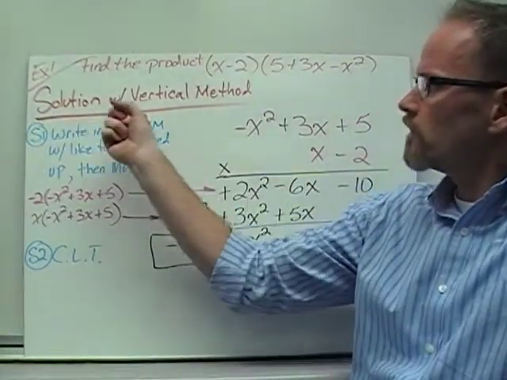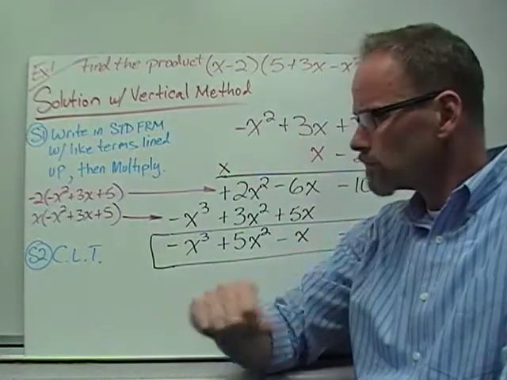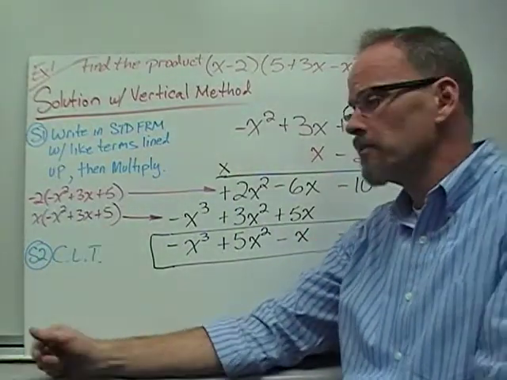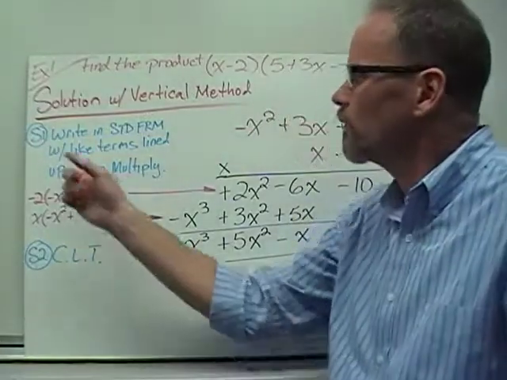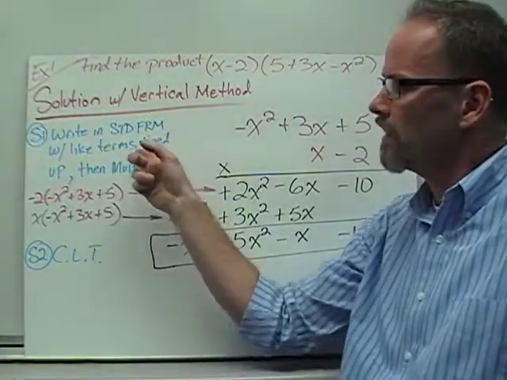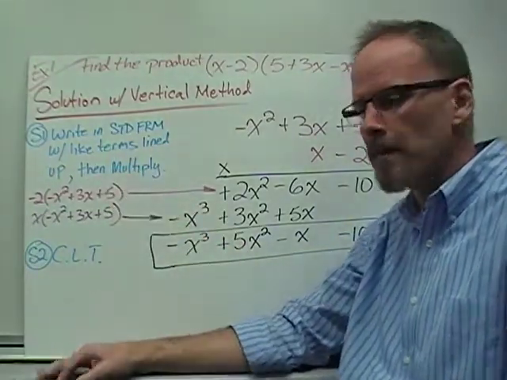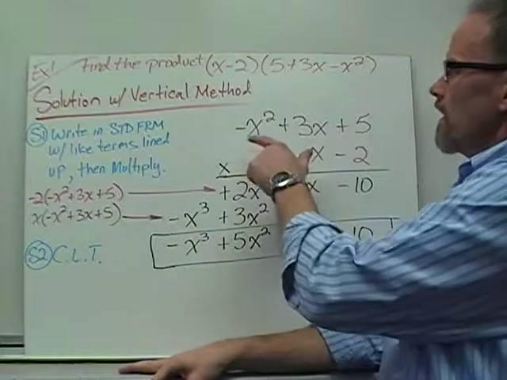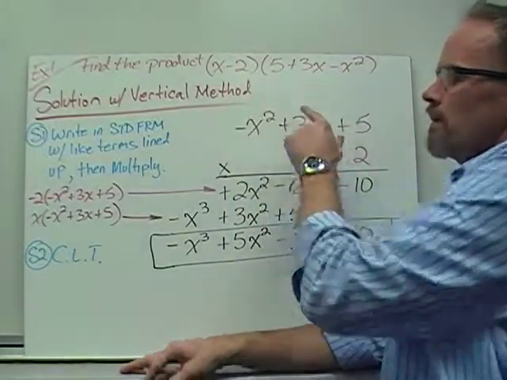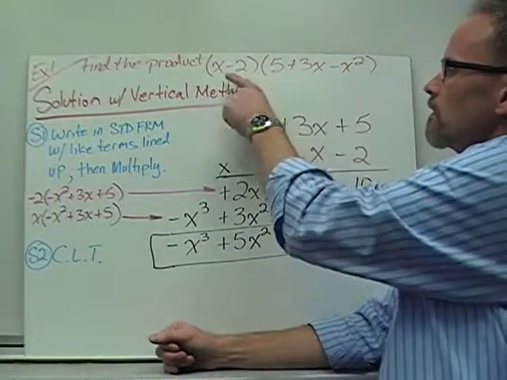So our solution with the vertical method. I'm going to use the vertical method first. You might like that one better, maybe not. We'll find out. What's our step 1? We're going to write it in standard form, with the like terms lined up, and then we're just going to multiply. Remember what I said, look for the quantity with the most terms in it: 1, 2, 3, 1, 2.